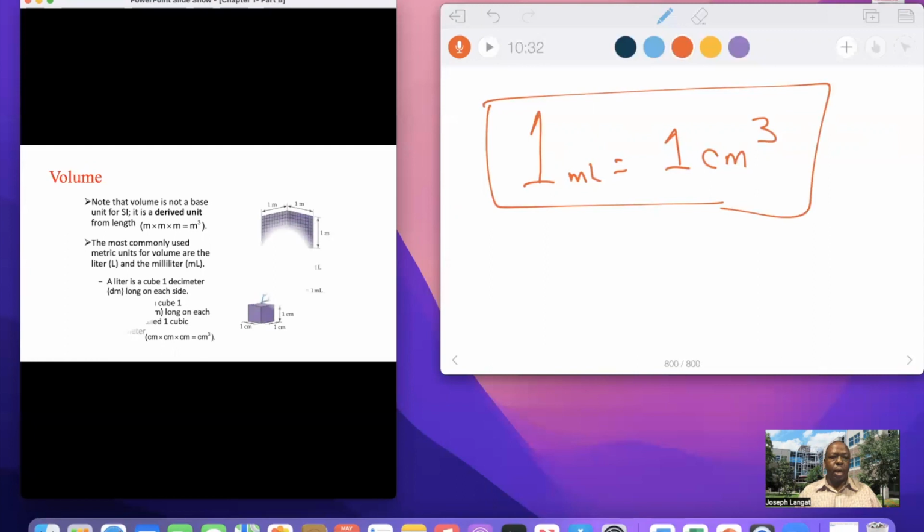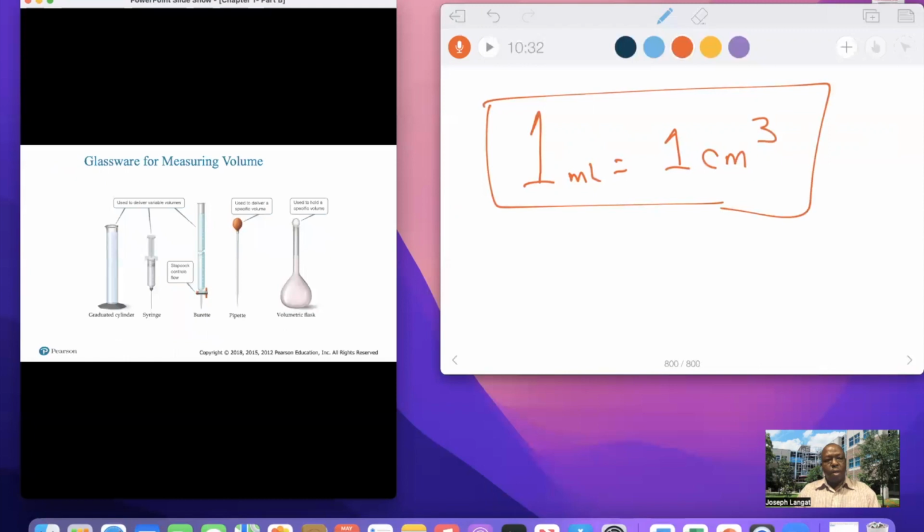I don't want to spend time on this comparison, but in lab, these are just a few tools you may have used before in measuring volume of liquid substances. This is a graduated cylinder. This is a syringe, a buret with stopcock. This is a volumetric pipette with the bulb. You can also use the pump with the wheel on the side.